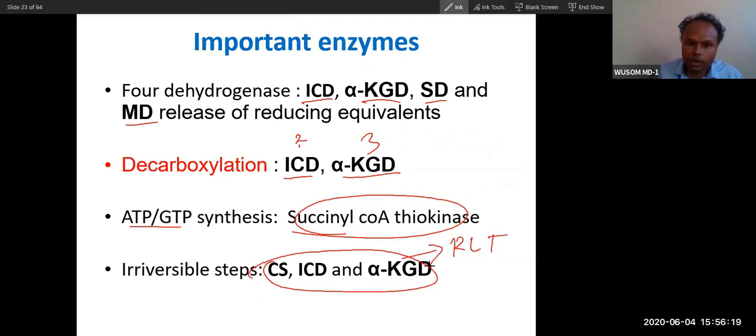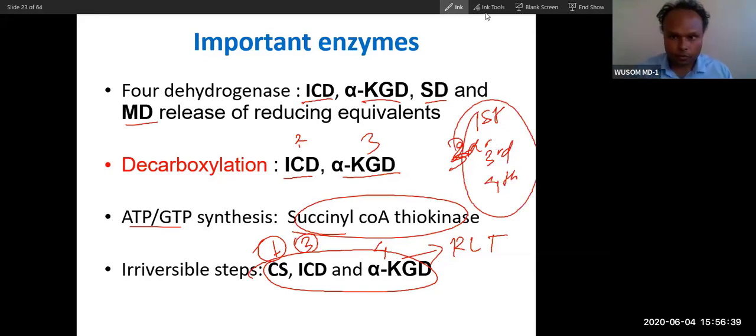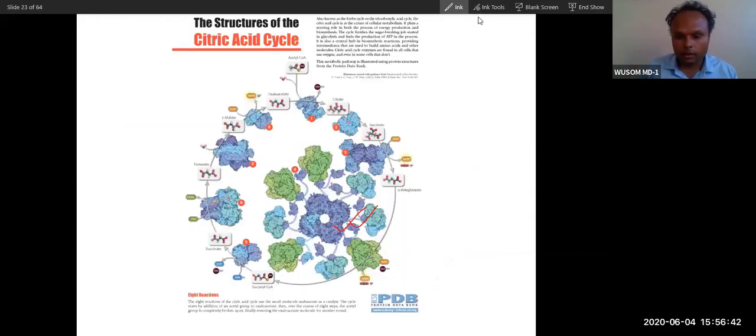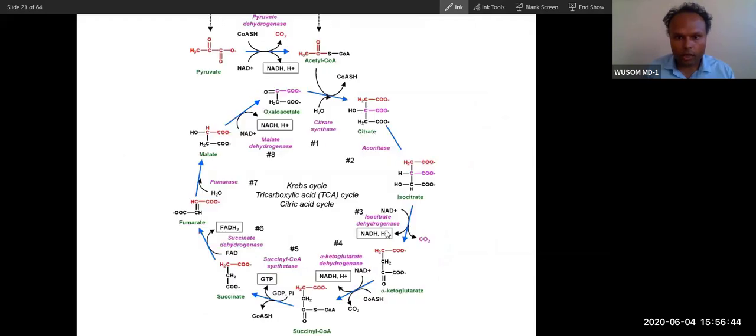Step 1, step 3 and step 4: these 3 steps are the rate limiting steps in the Krebs cycle. The first is the anabolic step, citrate synthase, and then the 2 oxidative decarboxylation steps, third and fourth, are rate limiting steps.